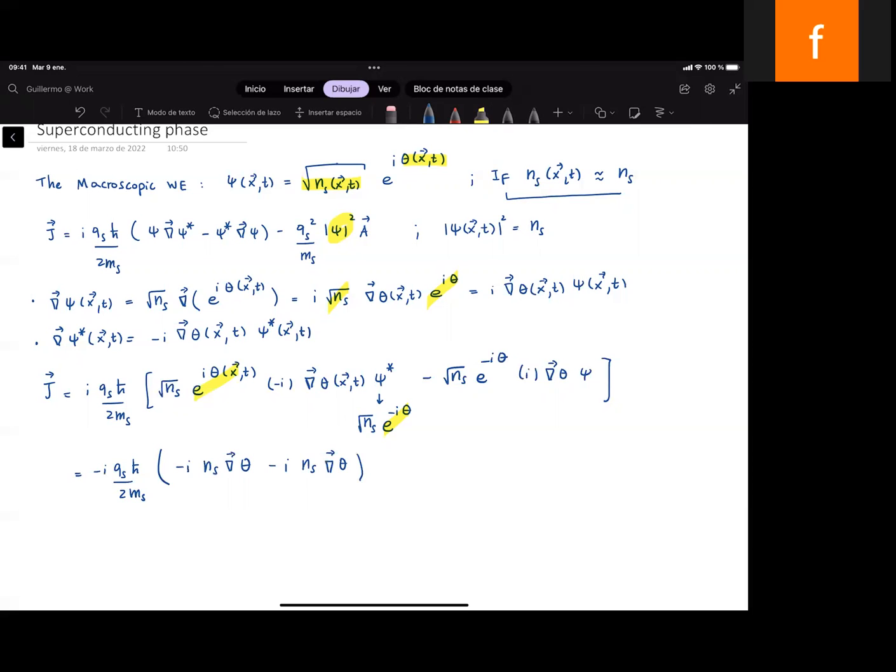Sorry, I forgot to plug in this additional term here, which is q_s squared over m_s, modulus square of the psi, which is n_s essentially, times the vector potential. I'm talking about this last term here, okay?